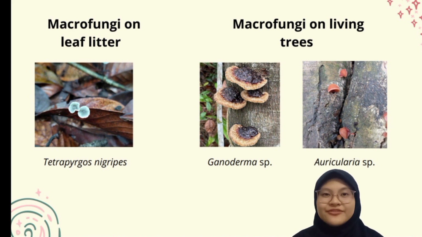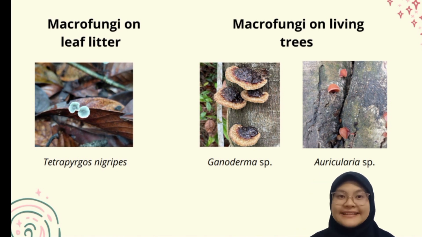Most of them were from family Marasmiaceae. For Tetrapyrgos nigripes, the species was commonly seen growing in pairs and was recorded in Perak in 1995 by Lee et al. 2012. Macrofungi that live on living trees are the least species recorded, which include Auricularia species and Ganoderma species 1 and 2.